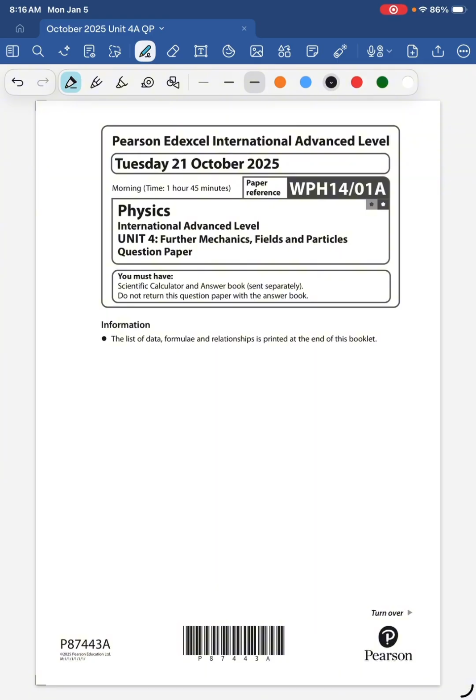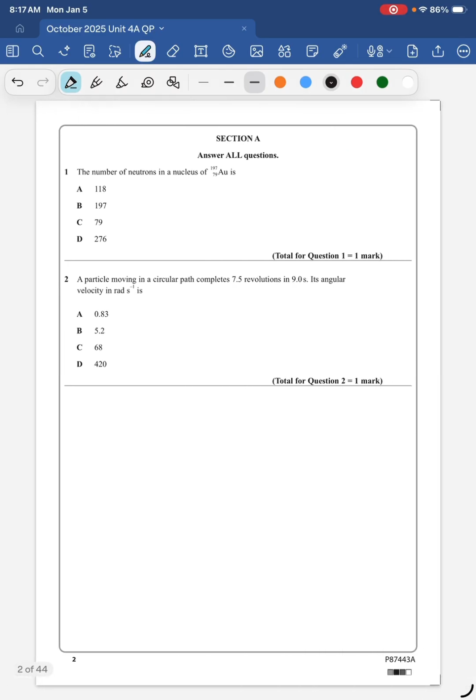I don't know why there are two papers for the same unit for the same period, like October 2025, but I guess that's good news for you because you have another test to prepare yourself with. So let's jump straight in with section A.